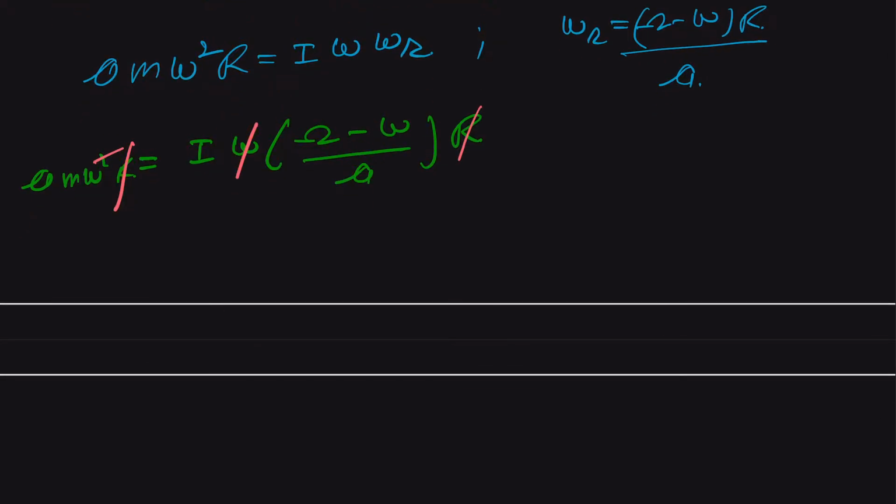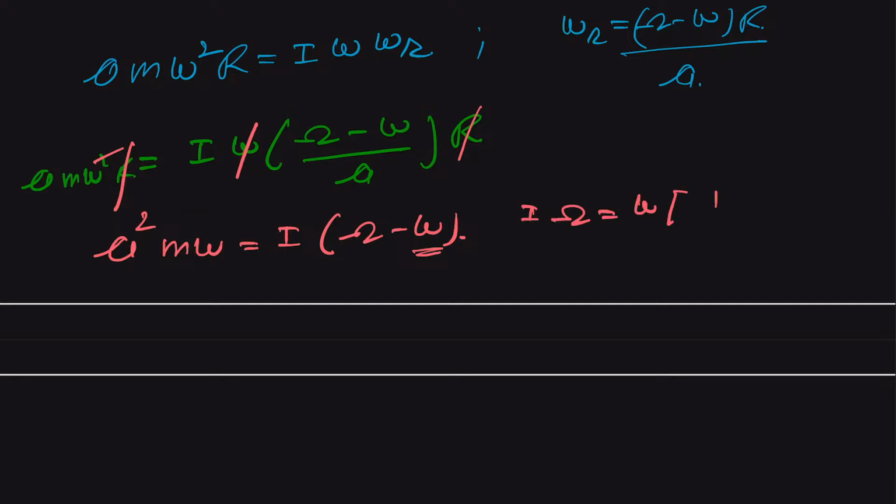Therefore we get A square m omega is equal to I omega minus omega, and we can combine the terms of this omega, and we can write that I omega is equal to omega times I plus A square m.